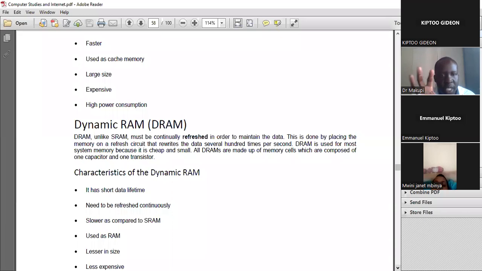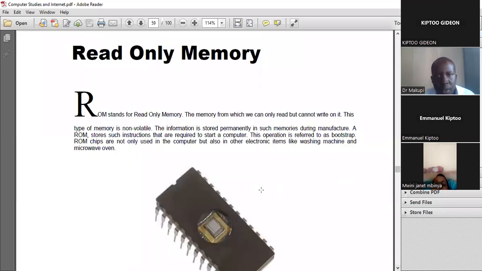So that is it about DRAM and SRAM. Now, I want you to be very keen on read-only memories because we have a range of them. Remember, as I introduced the RAM, I said it is a kind of read-write memory, meaning that you can read, change its contents, and add new content. The ROM, on the other hand, is read-only.